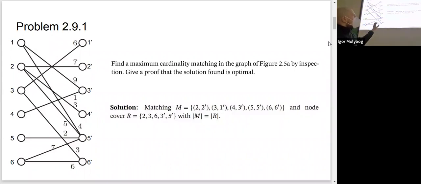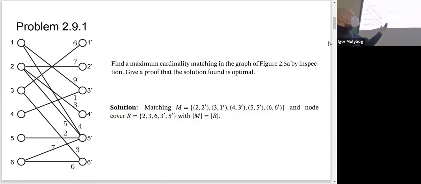How to show that the matching that we have found is in fact an optimal matching? Well, you probably remember from the lecture that if we have found a dual bound that matches the value of our feasible solution, then our feasible solution is in fact the optimal solution, right?